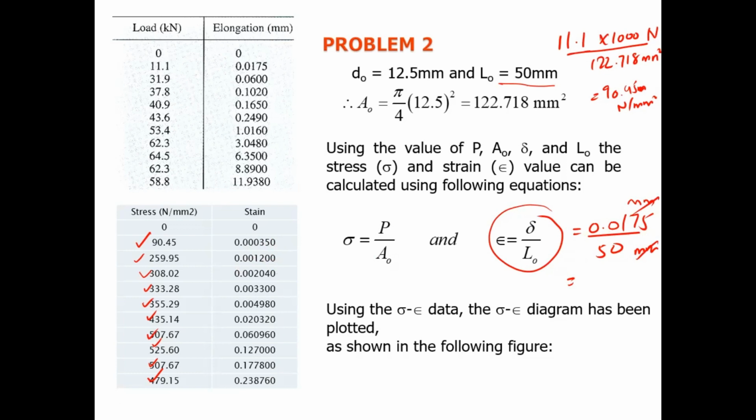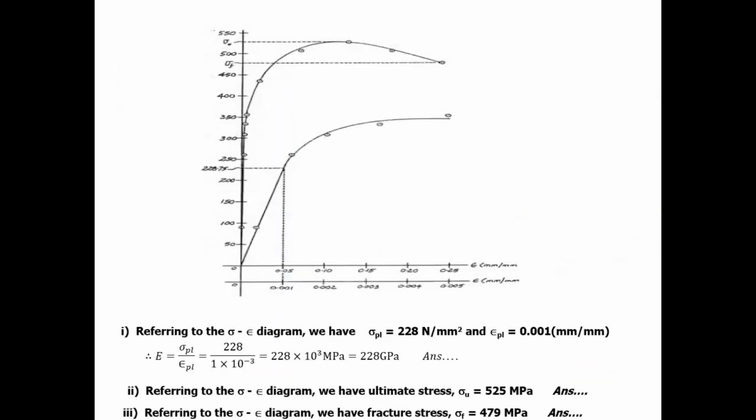Now we have to plot the stress strain curve. What are the things we require? We have to calculate E first, and then the ultimate strength stress and failure stress. So our first target is E. Now plot the stress strain curve.